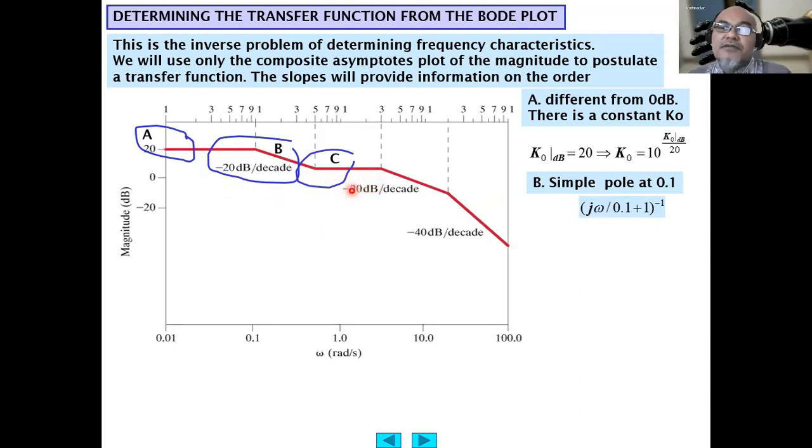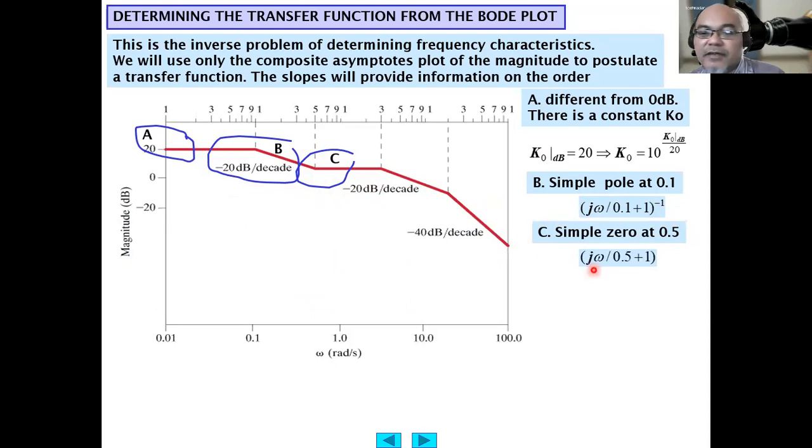So this should be a zero, having the same slope of 20 decibel per decade but with positive polarity, and the corner is at 0.5. So it becomes j omega divided by 0.5 plus 1, as a zero. Then at D, it decreases again.